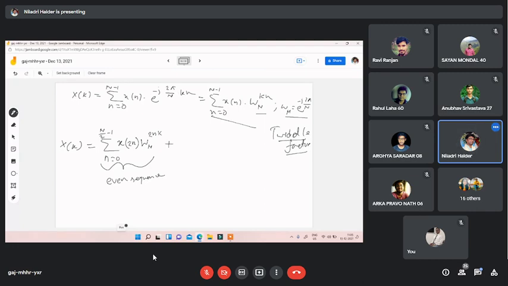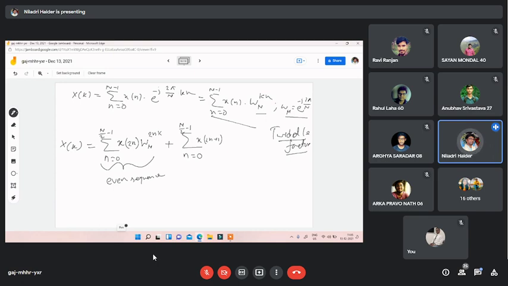Plus the remaining odd samples, n equal to 0 to N by 2 minus 1. The odd samples are x of 2n plus 1.